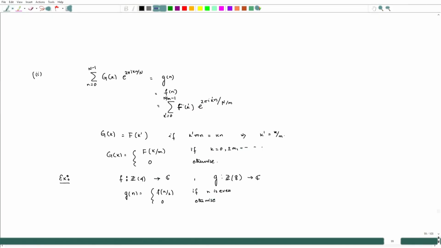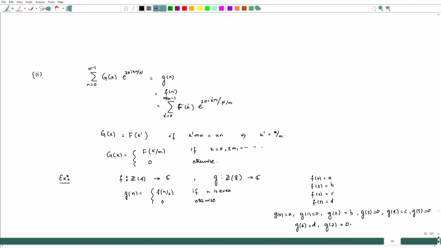Then how does this map look? If f of 0 is some a, f of 1 is b, f of 2 is c, f of 3 is d, then g is defined as g of 0 is equal to a, g of 1 is equal to 0, g of 2 is equal to f of 1, which is b, g of 3 is equal to 0, g of 4 is equal to c, g of 5 is 0, g of 6 is d, g of 7 is equal to 0.